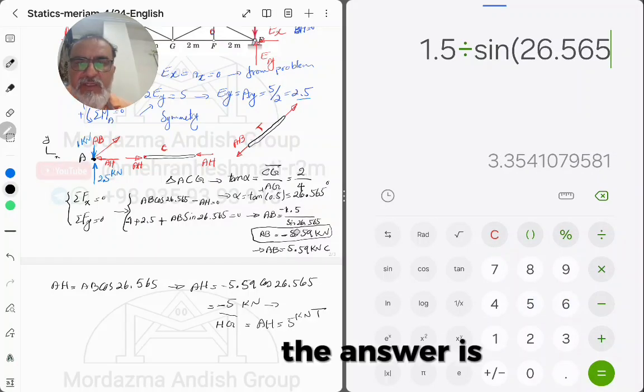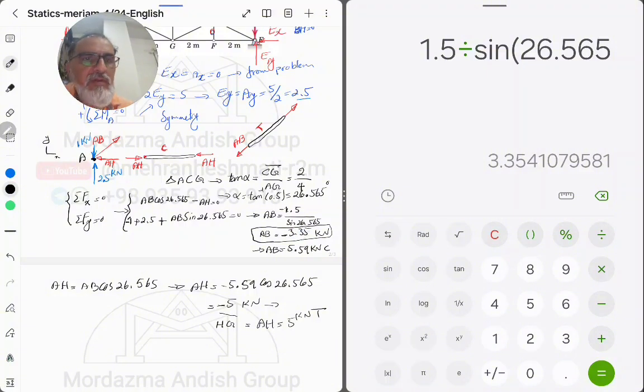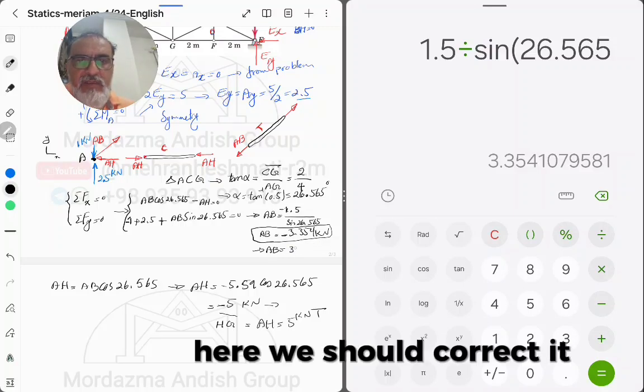The answer is 3 point, and here we should correct it.